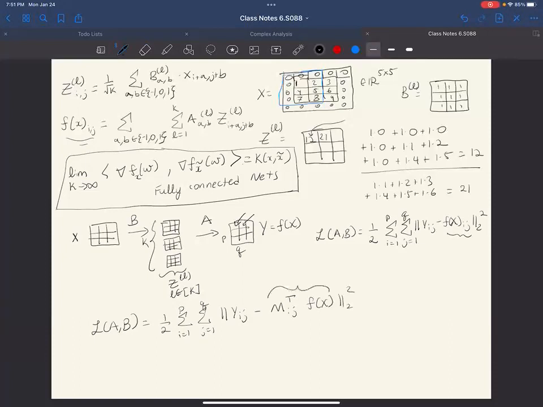This is, again, a form of inner product called a trace inner product, just the inner product between these two matrices. And what is M_ij? M_ij is just a big matrix with zeros everywhere, except it has a 1 in the ij entry. This is called an indicator matrix.